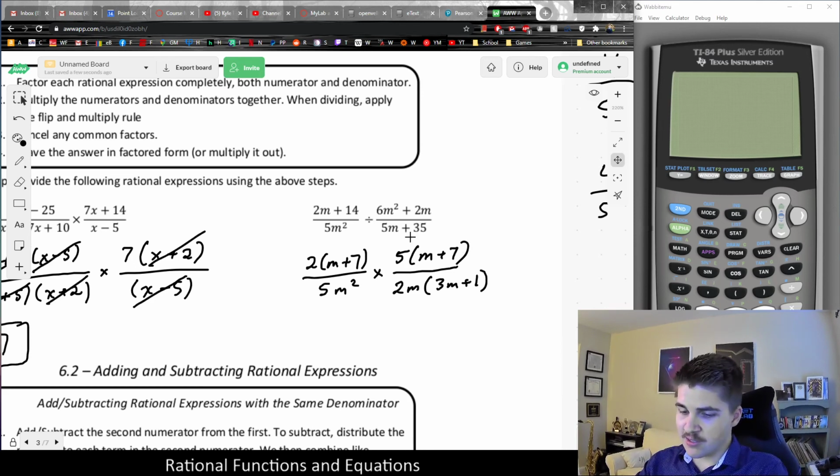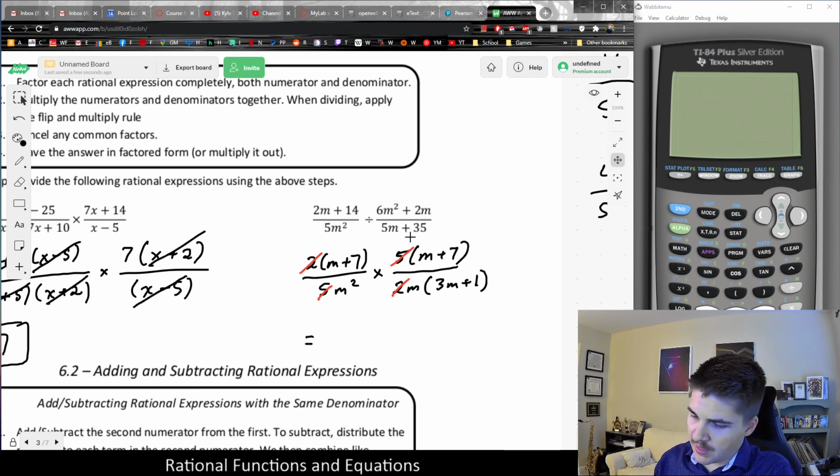But what will cancel is, notice there's technically a common factor of 5 and a common factor of 2, because those would both multiply out to make 10 if I were just to multiply all that together. And since 10 is a common factor on top and bottom, those will cancel. And in this case, what that would leave me with is m plus 7 squared on the top, and then m squared times 3m plus 1 on the bottom.